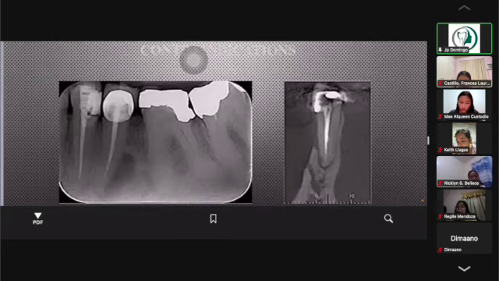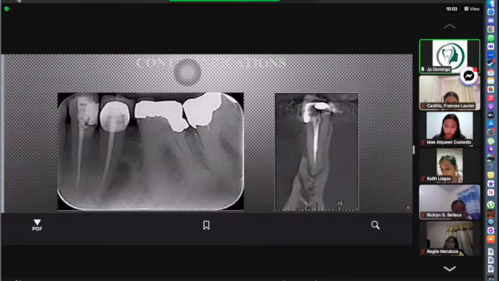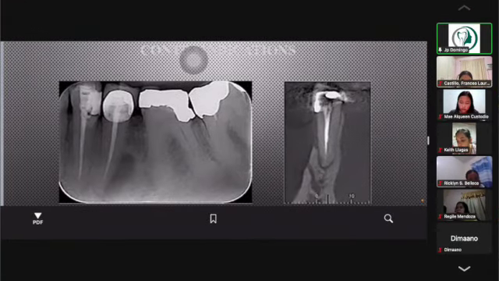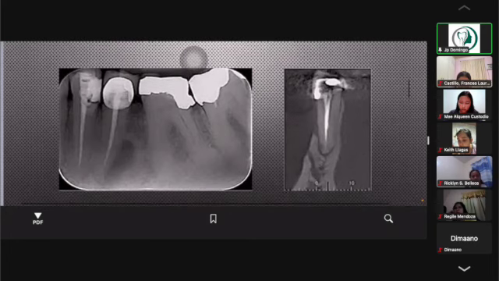When we say anatomic factors, these are the maxillary sinus, the nasal floor, the inferior alveolar nerve, the mental foramen. Okay? So look at this x-ray and the CBCT. This is from the same patient. Okay? So, the x-ray shows radiolucency on tooth number 35.